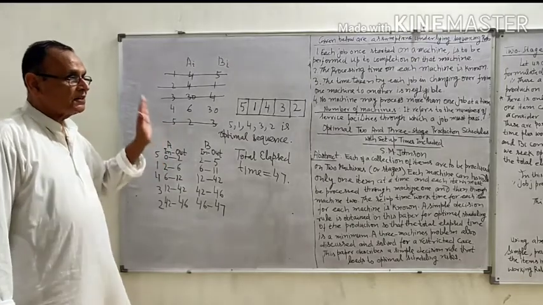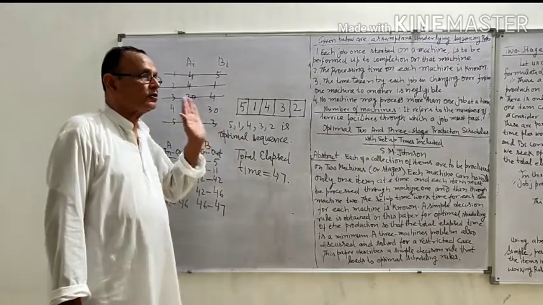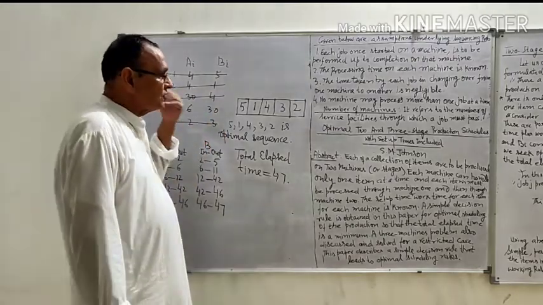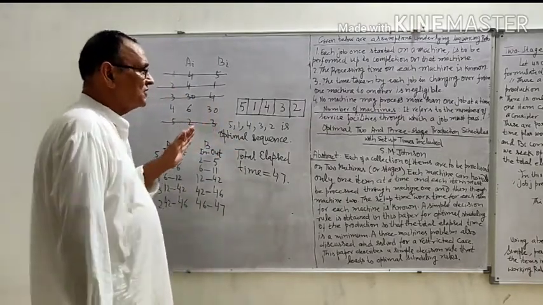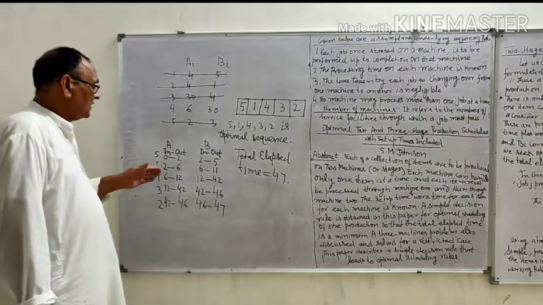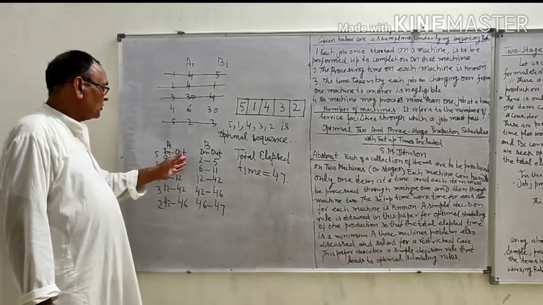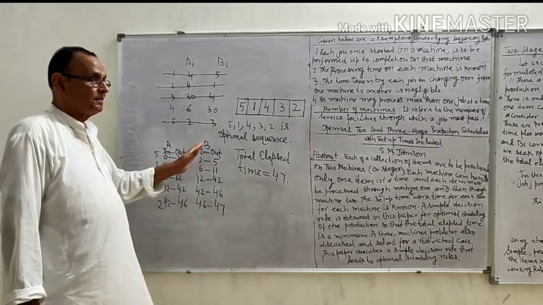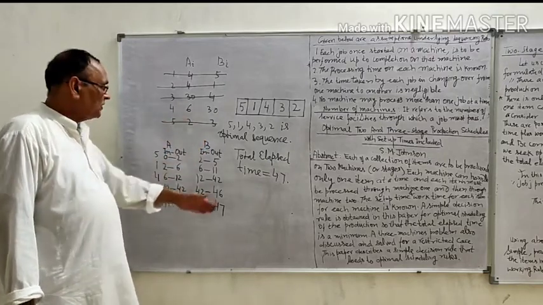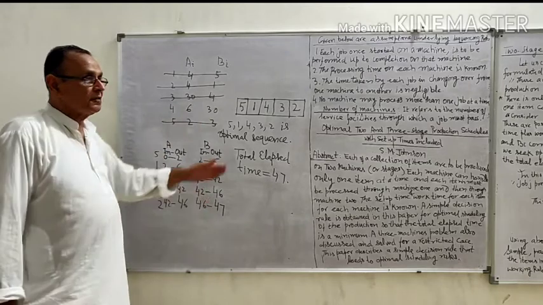It is the assumption of Johnson, and after Johnson also, almost all the research workers in sequencing scheduling theory take this time, the transportation of a job from one machine to another, as negligible. So in this very problem it is also taken to be negligible.